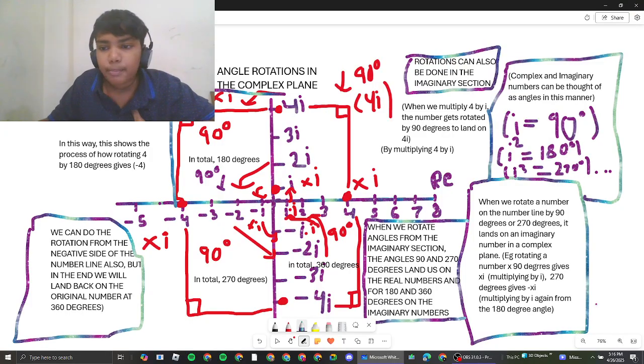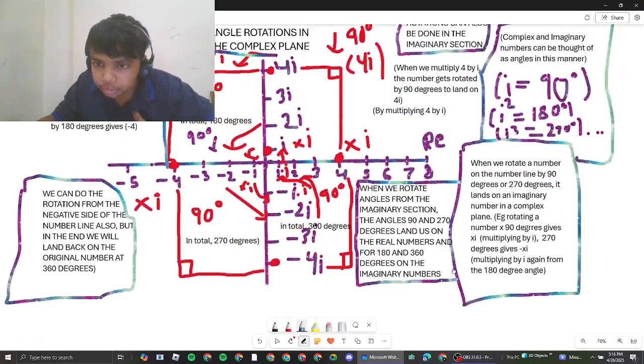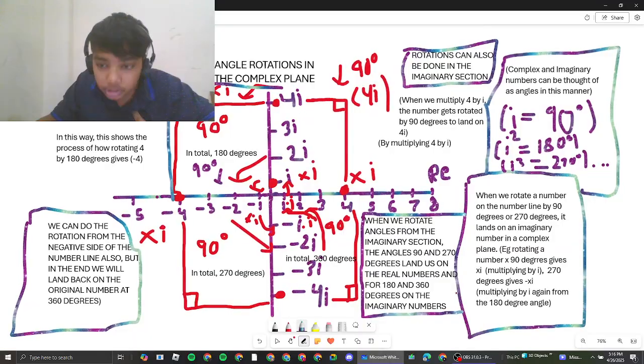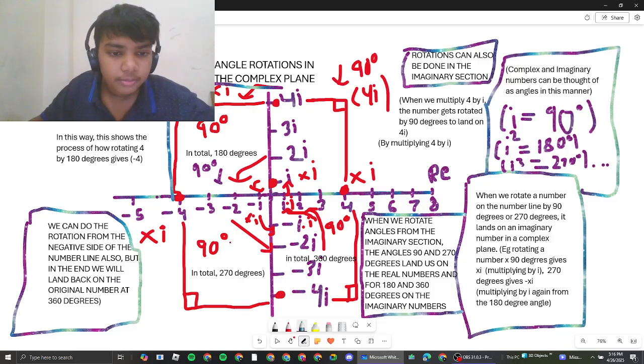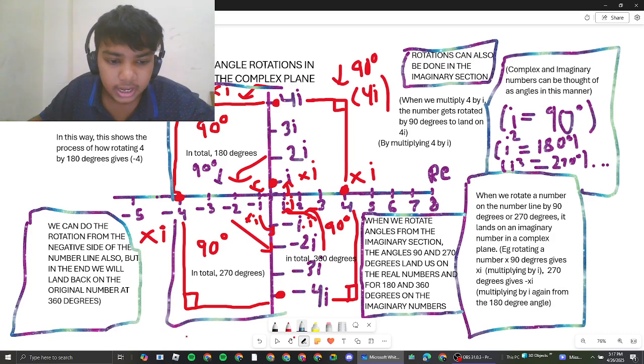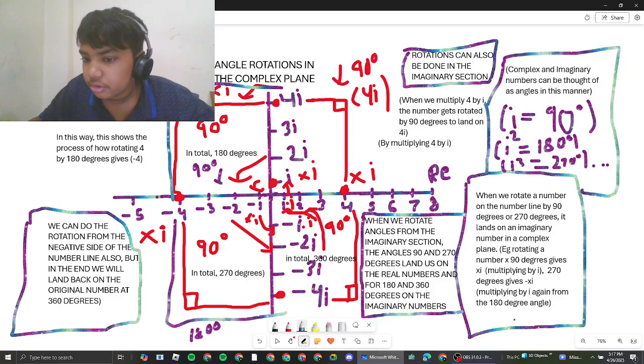But here, for real numbers, similarly, if I do it for 180 degrees, if I multiply this by I again, I'll get -4i, 180 degrees. For real numbers, 180 degrees gives a real number, but here, with imaginary numbers, it stays imaginary.